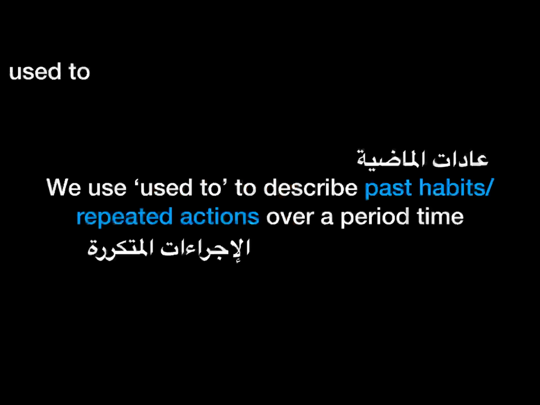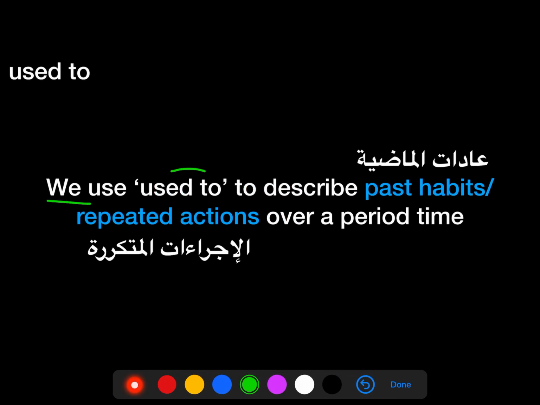Okay, first of all, used to. We use used to describe past habits. So past habits are habits that you're not doing right now, but you did in the past, not in the present.